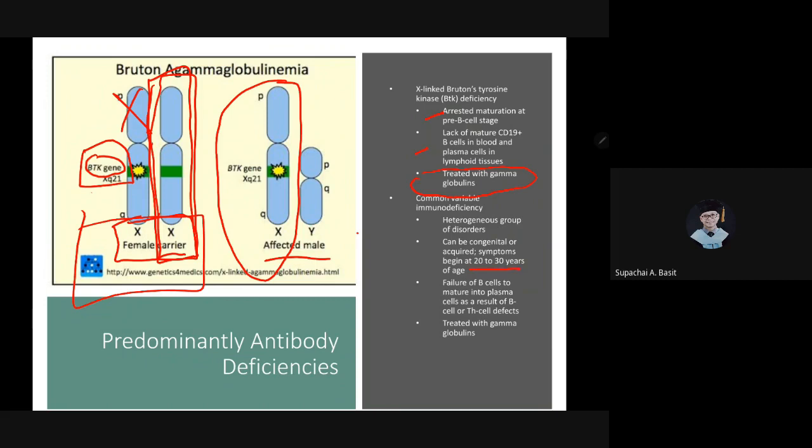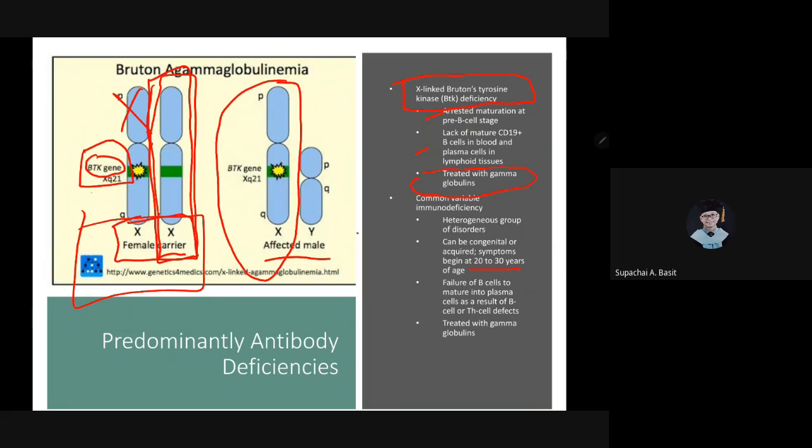So, meaning that child had a chance to grow from 20 to 30 years of age. Unlike in X-linked, it's quite difficult for that child to mature properly, no?